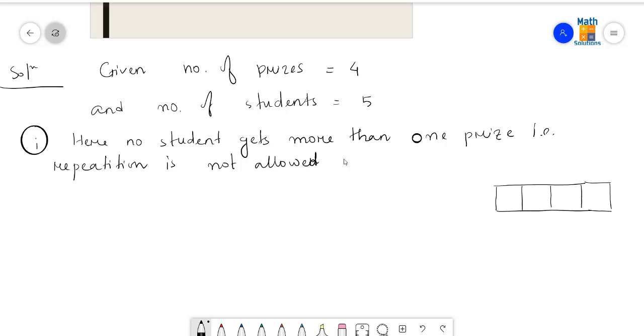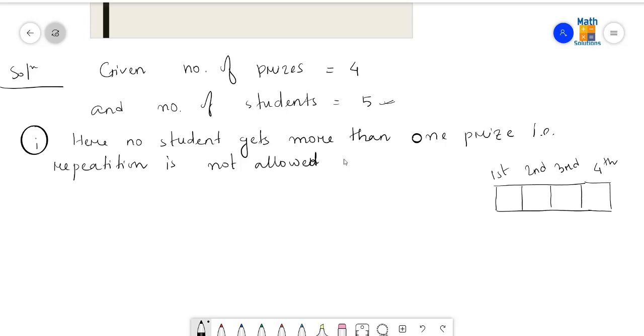This is the first one, this is the second one, then third, then fourth. When repetition is not allowed, for the first prize, we can choose any one of these 5 students. Means for the first prize, we can give it to any one of these 5 students. Means we have 5 options in our hand, yes or no.